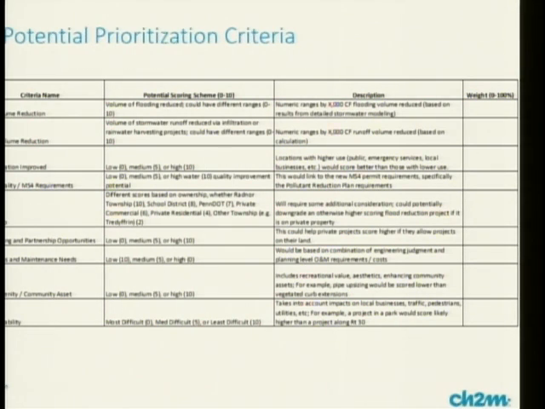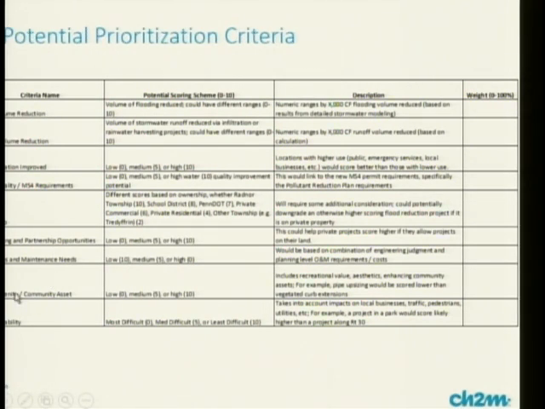And then we talked about water quality, MS4 requirements, the ownership, cost sharing and partnership opportunities. I'm not sure cost sharing and partnership is one that we want to include in this, because maybe that really gets to the ownership. They're kind of related. And then there's O&M needs, public amenity, community asset, and then constructability.